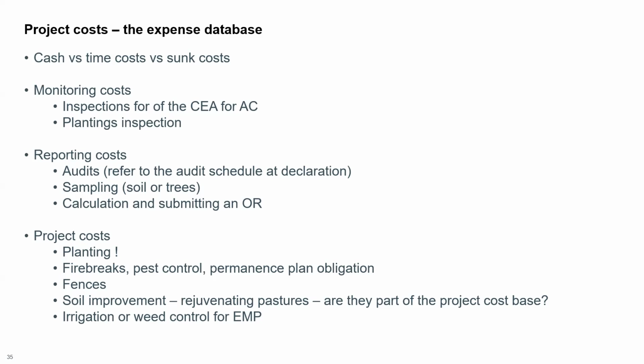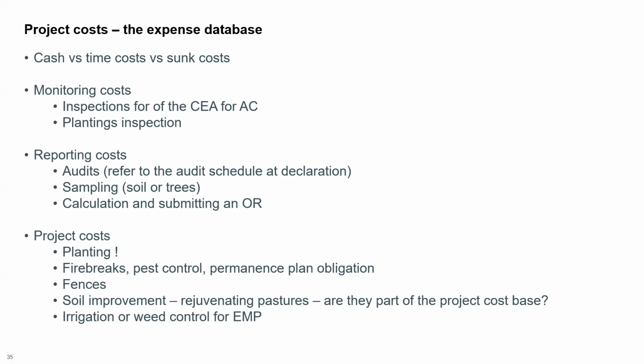The cost of calculation and submitting an offset report, actually don't underestimate it, given the complexity of some of those offset reports, especially for SOC, but even for EMP, it's not that simple, so don't underestimate that. Your project cost, fire break, pest control, permanence, plant obligation, fences, I've mentioned all of that before. So all categories of cost and project costs that you have.